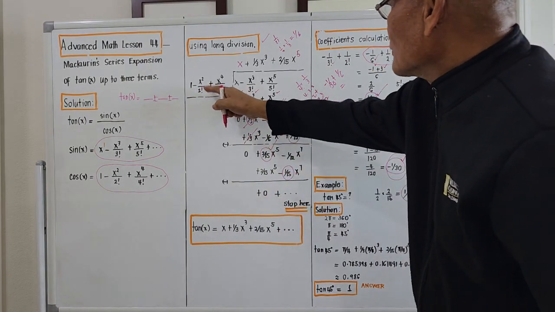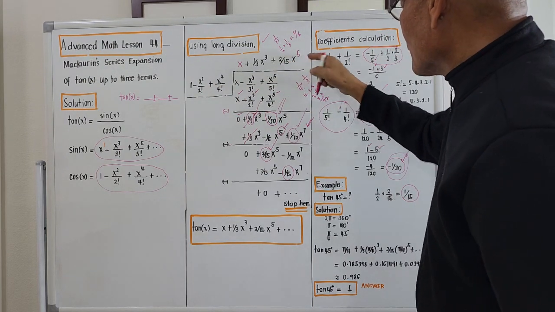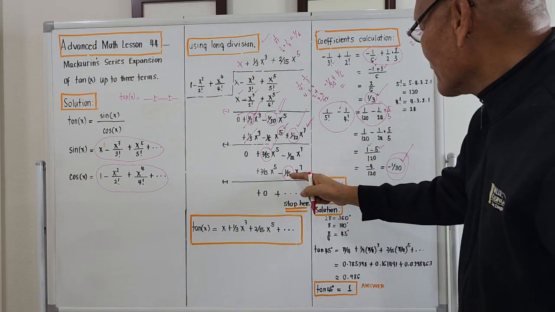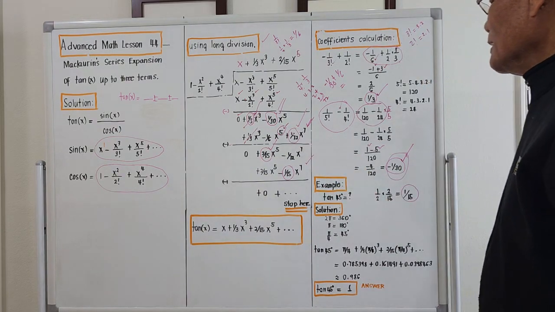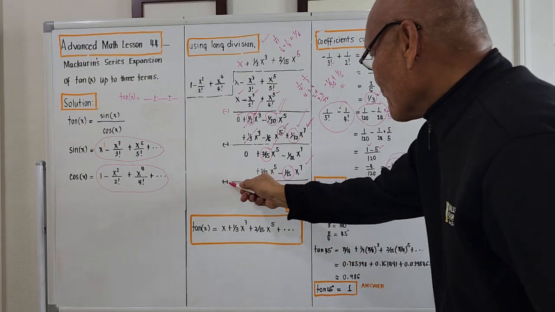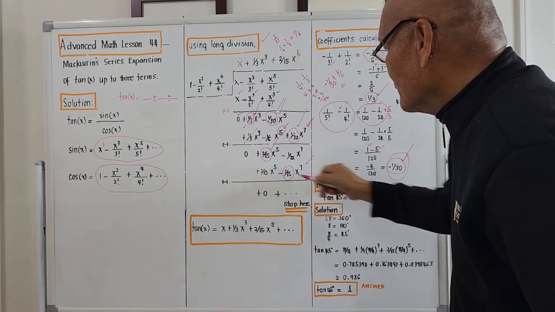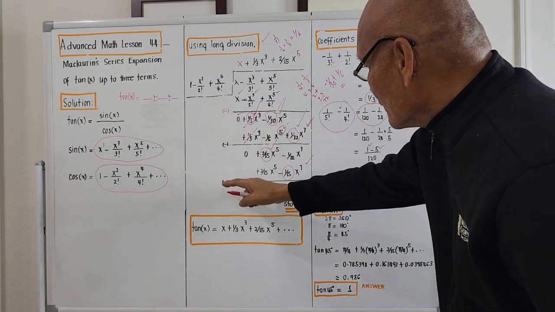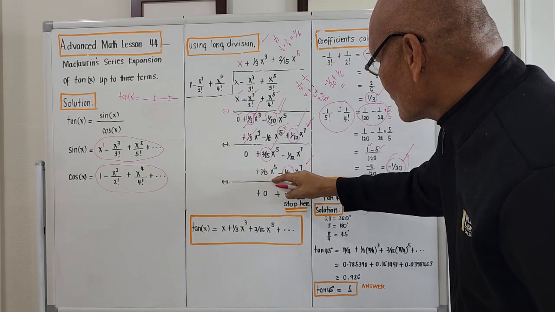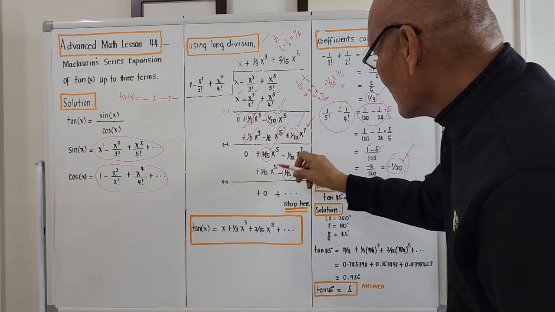And x squared over 2 factorial times 2 over 15 x to the 5th, what will come out will be negative 1 over 15 x to the 7. Then again, perform the operation subtraction. So 2 over 15 x to the 5th minus 2 over 15 x to the 5th. They're the same, right? So they will cancel out.